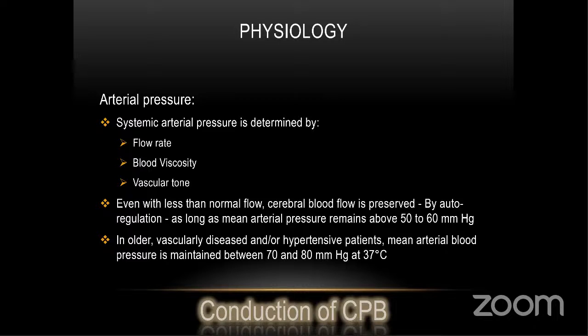In older, vascularly diseased or hypertensive patients, the mean arterial blood pressure could be maintained between 70 to 80 at 37 degrees.